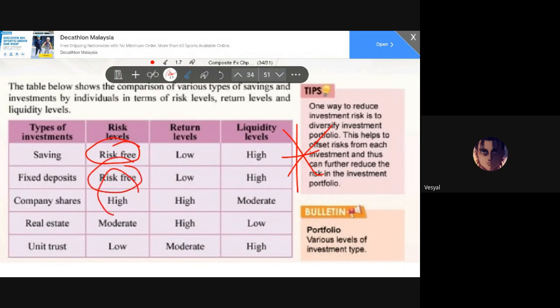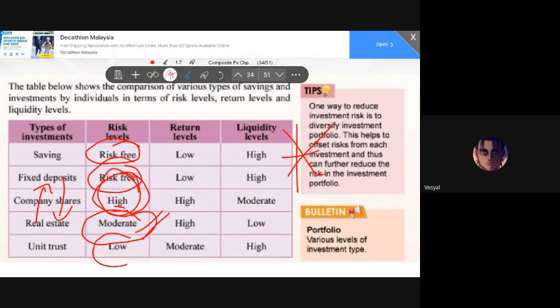Company share, you see here, there's only one high here because company shares, as I told you earlier, can increase or decrease rapidly based on the economic situation and the share market. That's why it's high risk. Real estate, they still consider moderate, maybe because the demand and the standard of living and all that also play a part here. So they put moderate, not low.